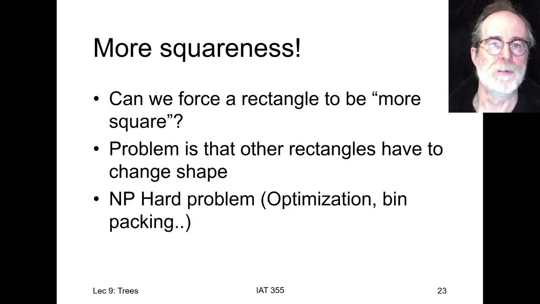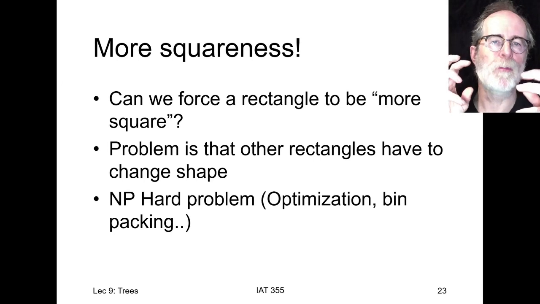So how do you get more squareness, or things being as close to square as possible? Can you force a rectangle to be more square? If you were to do so, you would probably have to do something with all its neighboring rectangles. Left off the table is the idea of changing the shape of things to be some complex polygon that fills up the leftover space.